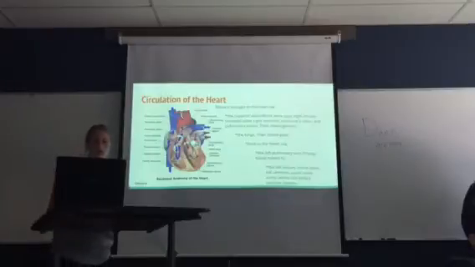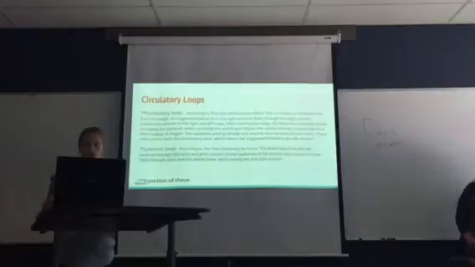We have a couple loops that we will go over. The first one is the pulmonary loop. The circulation of blood to and from the lungs. Unoxygenated blood from the right ventricle flows through the right and left pulmonary arteries to the right and left lungs.